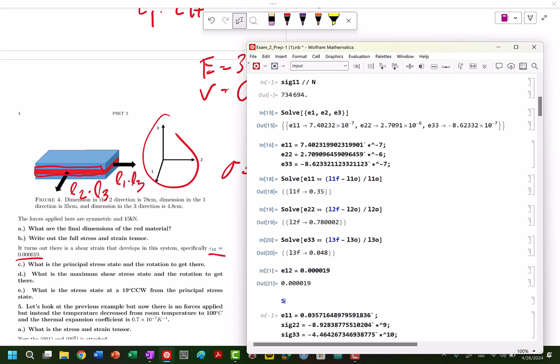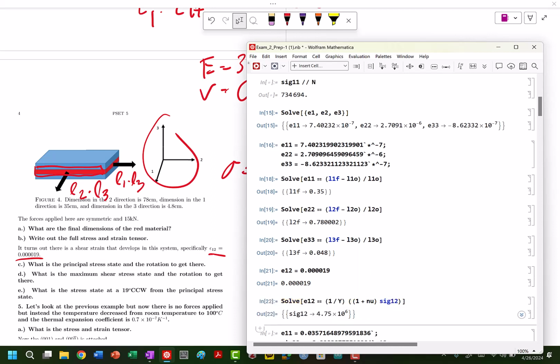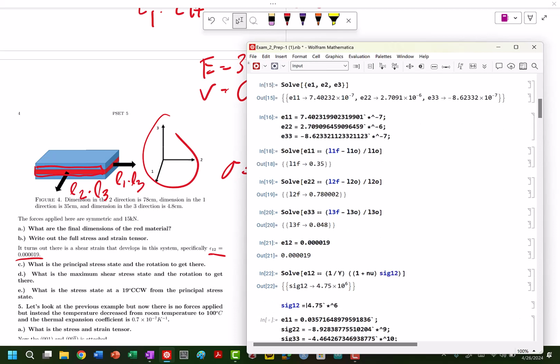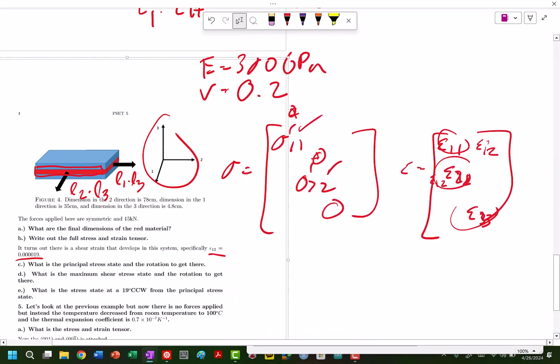So I'm going to solve: E12 set equal to 1 divided by Young's modulus, times 1 plus nu, times sig 1,2, because now there is going to be a stress 1,2 here, and that is my sig 1,2. So I now have a stress 1,2 here, I have a stress 1,2 here.